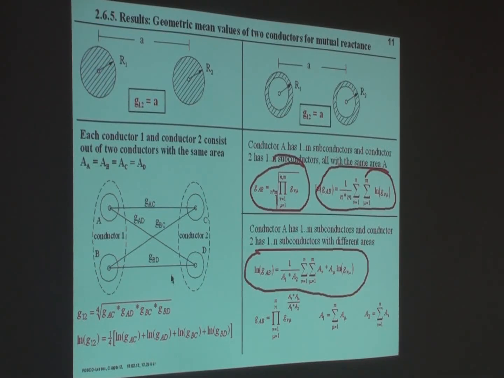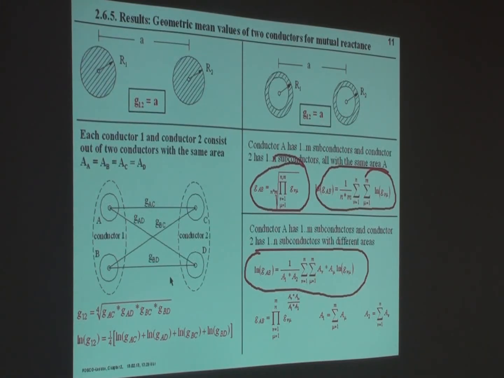And this here is the application to two conductors. This is conductor 1 and 2, and this has A, B, C, D. This comes from this.